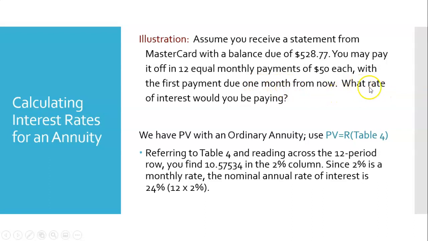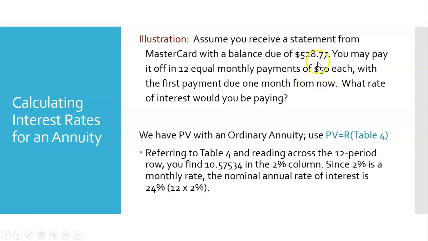Now here we want to know what rate of interest you would be paying. If we did a timeline, we would have the $528.77 as our present value. That's how much we owe right now today. If we wanted to pay it off today, that's how much we'd have to pay.